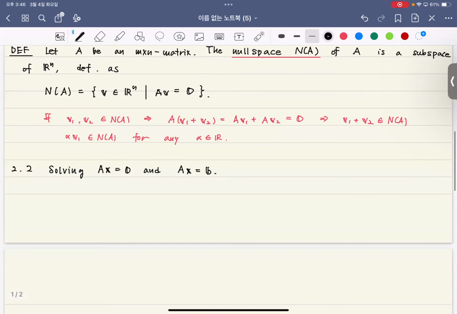Suppose you have a system of linear equations that has m equations and n unknowns.